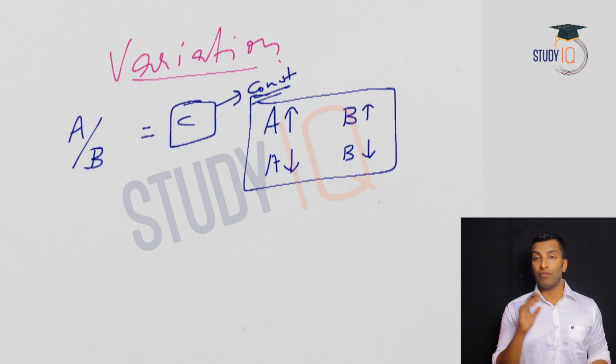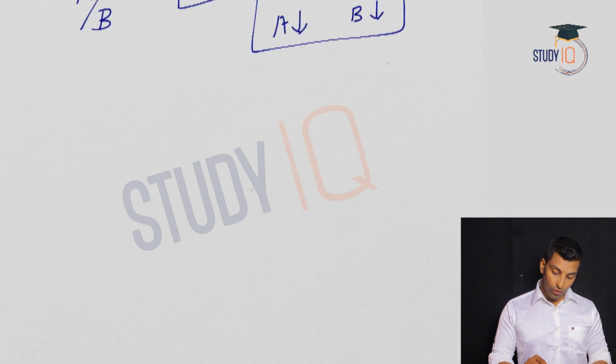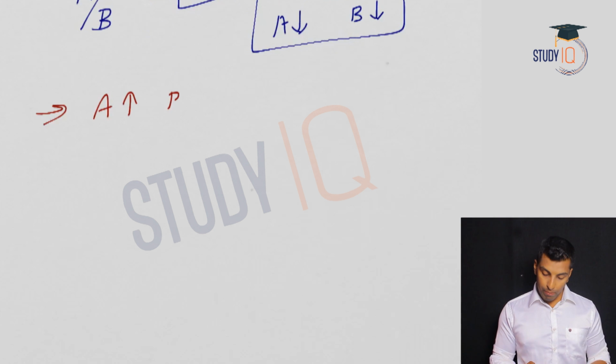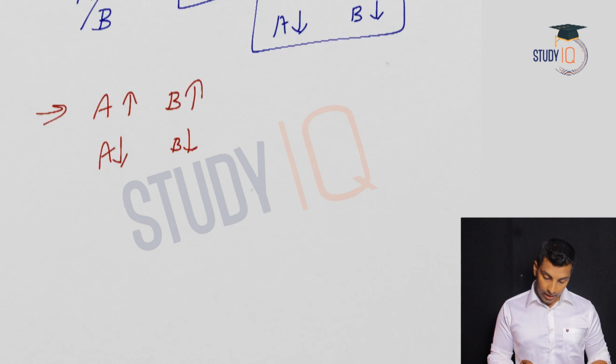A varies when B varies, or B varies when A varies. So both are directly proportional. So you understand the logical implication. If A increases, B increases. If A decreases, B decreases. Now in terms of maths, in terms of calculation, if A increased by 10%, B increased by 10%.